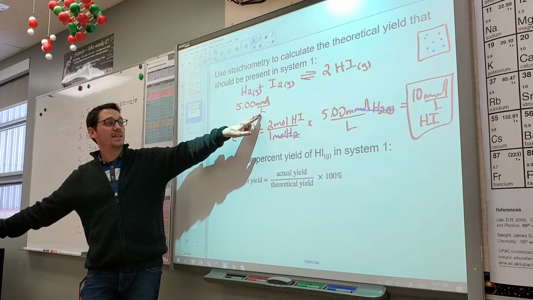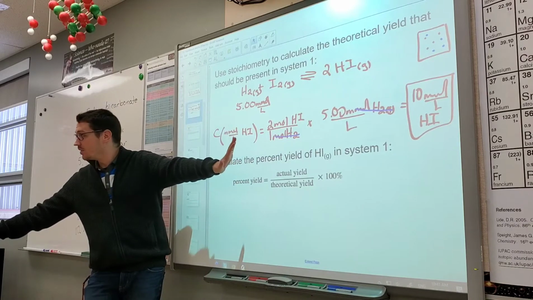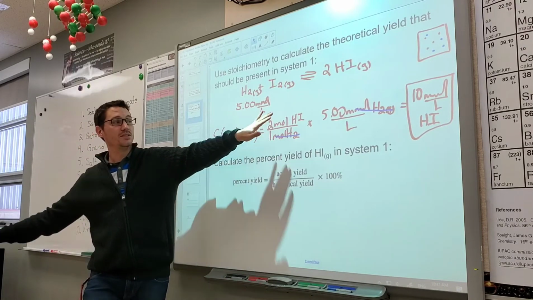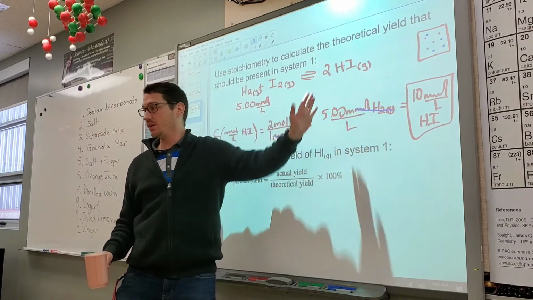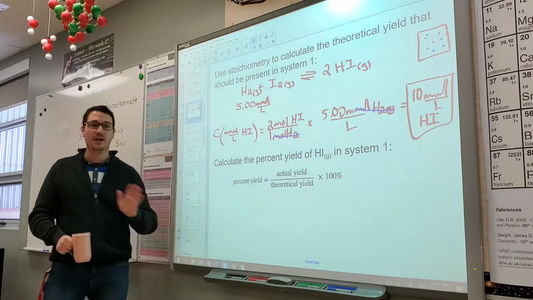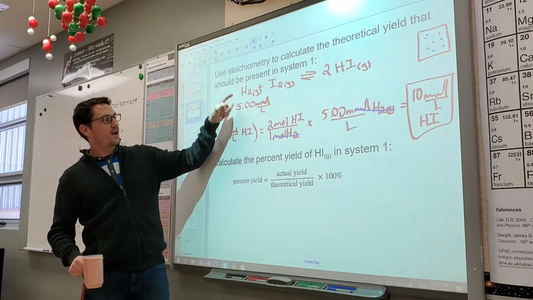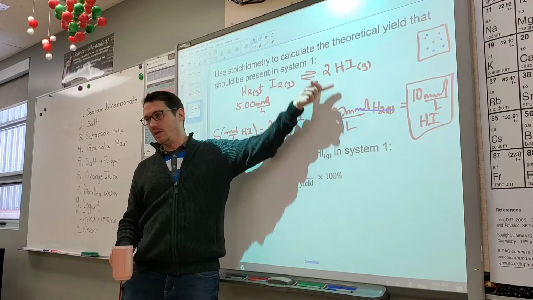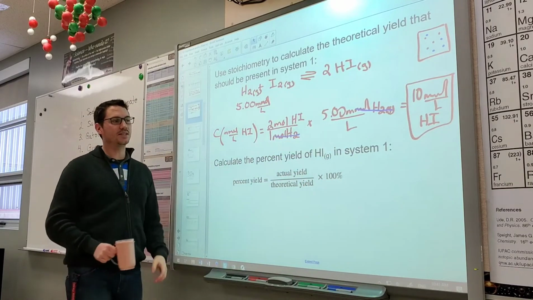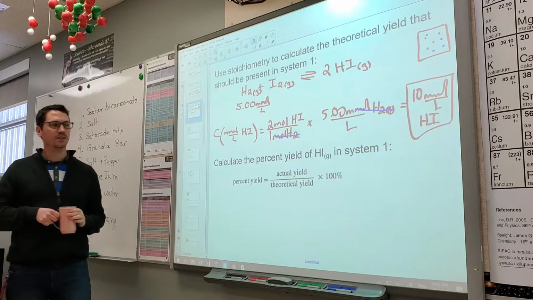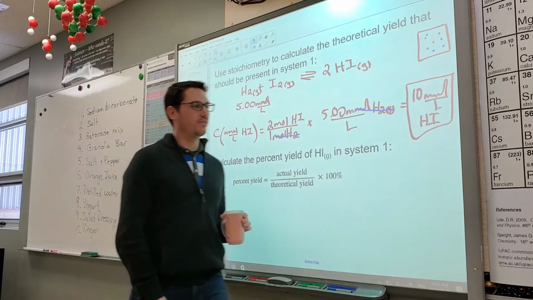It's almost like that liters doesn't exist. We can keep it there, but the liters here means the same thing for liters there. So if 5 of these reacts to make 10 of these, we would expect to see 10 millimoles per liter to finish off.